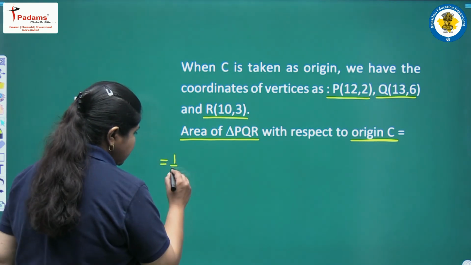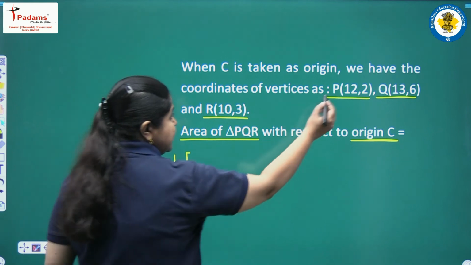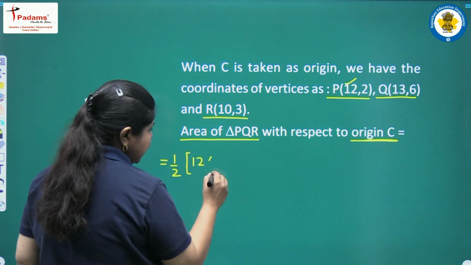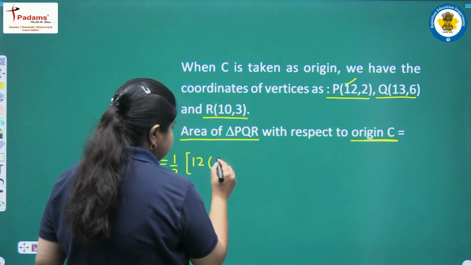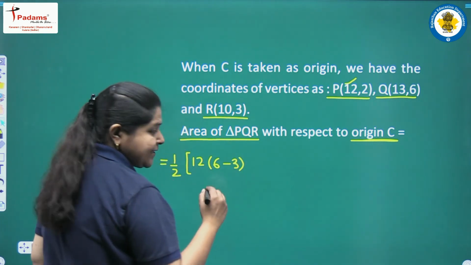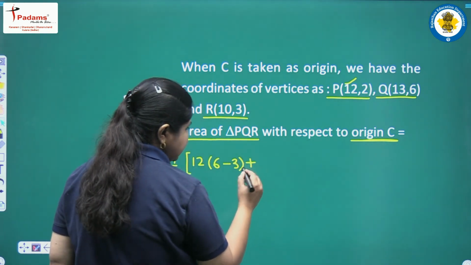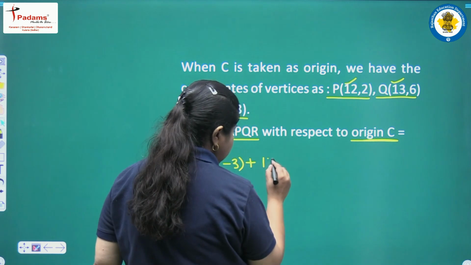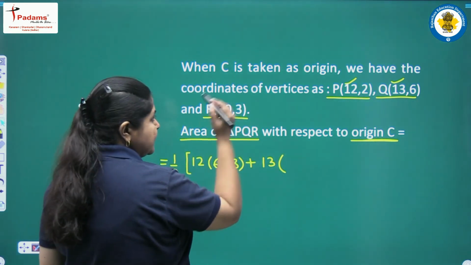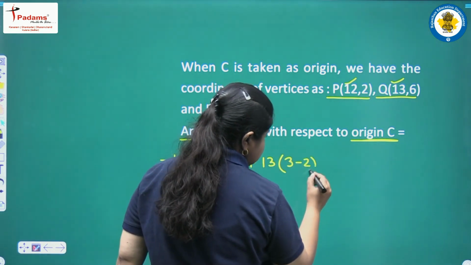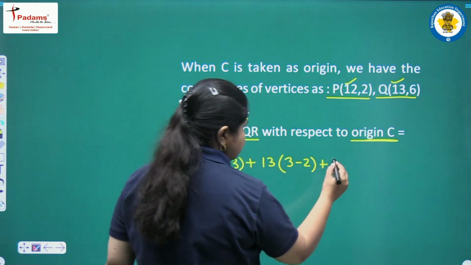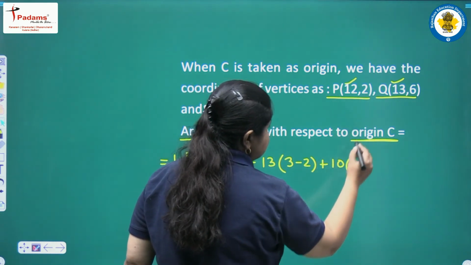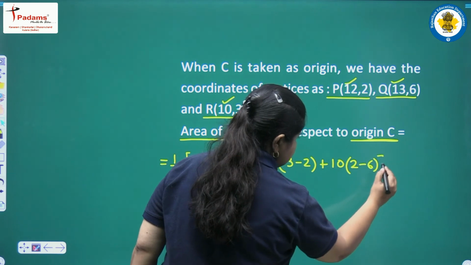We get it as half, then x1 it will be 12 into 6 minus 3, the difference of the y coordinates of the remaining points, then plus x2 it is 13 and then 3 minus 2 plus x3 it is 10 and then we have 2 minus 6.